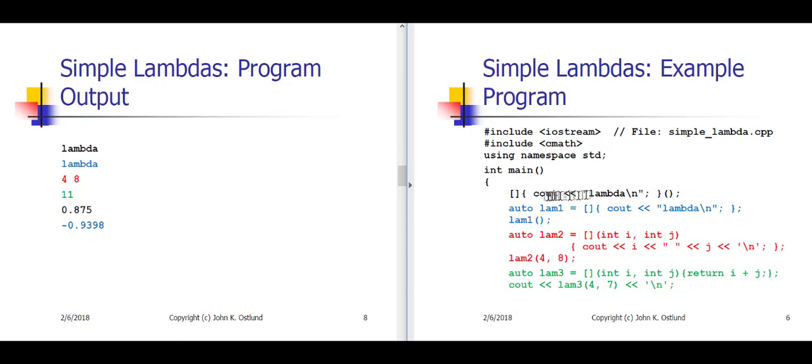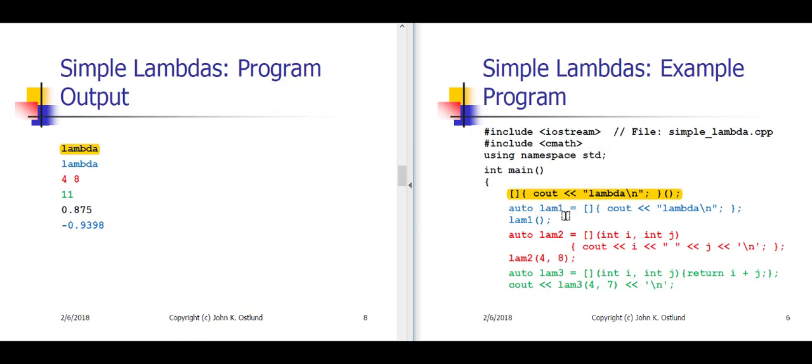So first of all, on slide 6, we have the first example that we looked at, an unnamed lambda being defined and then immediately called using the function call operator, the parentheses at the end of the lambda definition. And what we see on the screen from that is the black output here, just the word lambda.